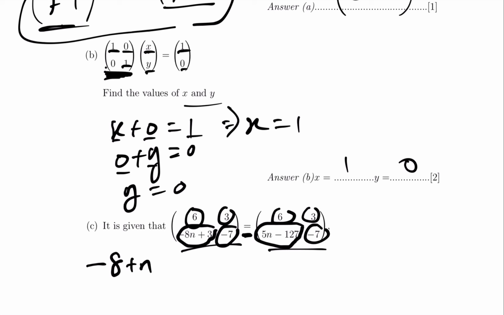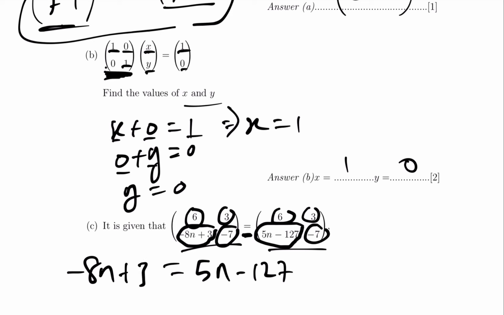So we have to say -8 plus n is equal to 5n minus 127. Now, what did I do here? We're saying -8n plus 3.